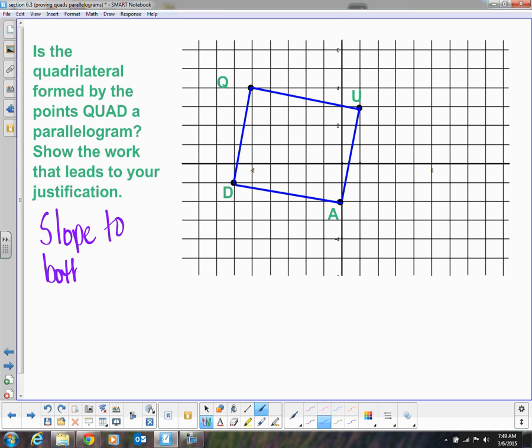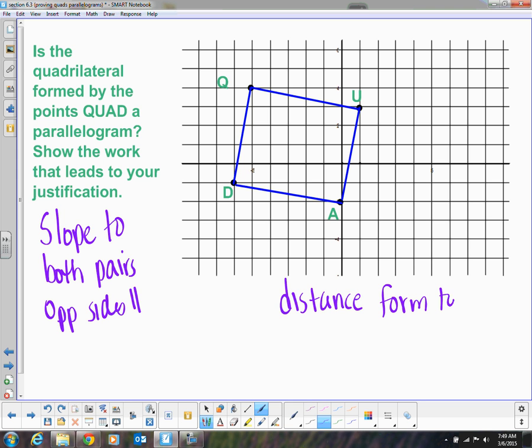You with me? Or you could use distance formula to show what? Both pairs of opposite sides congruent.